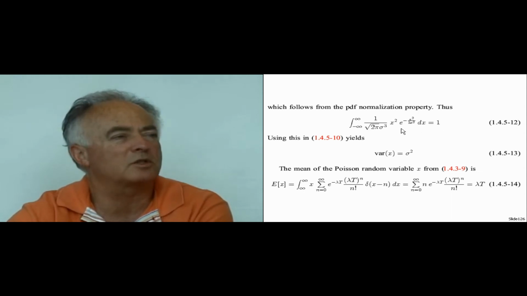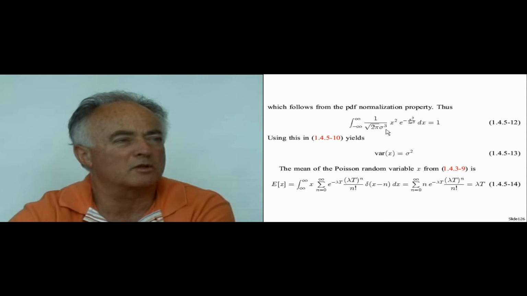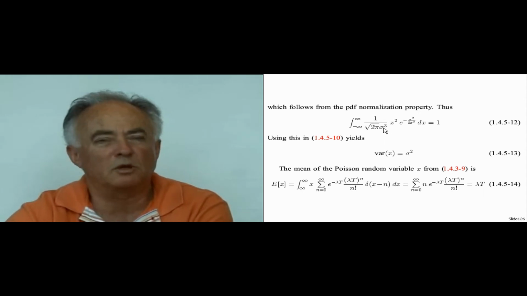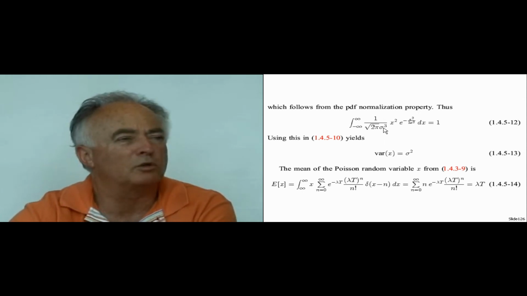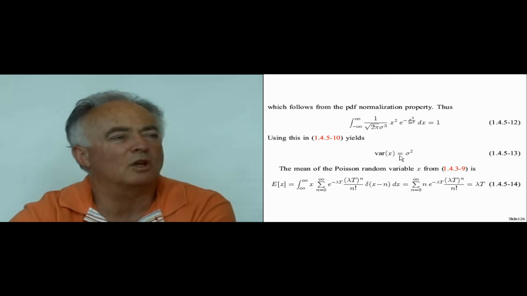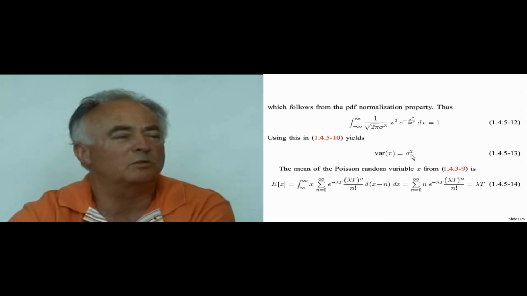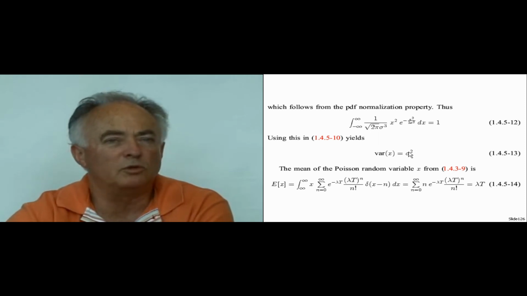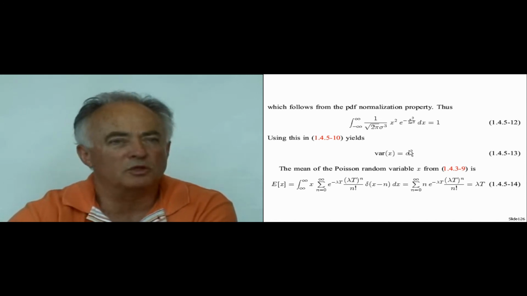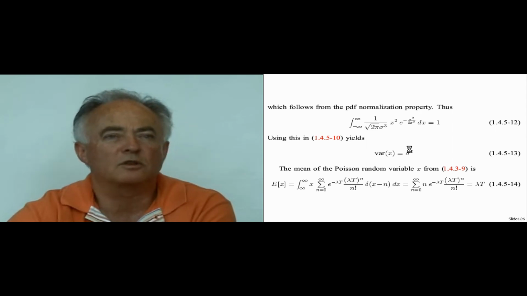Now you immediately see that if you take the sigma cubed from the left-hand side to the right-hand side, you end up with the expression of the variance as sigma squared. Therefore, this integral is sigma squared, and this provides the justification of the term variance for sigma squared, which was originally defined without justification in the Gaussian density.